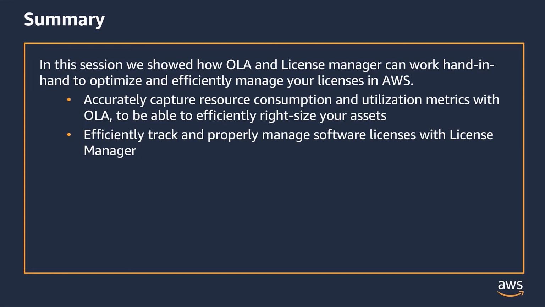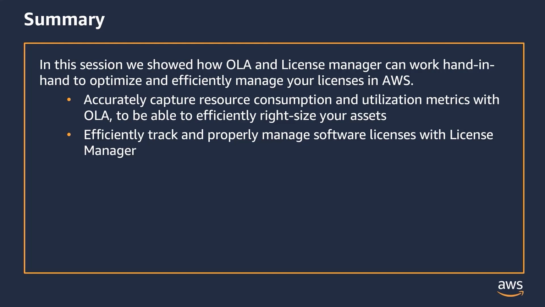In summary, on this part 1 of this series where we're talking about license optimization, we looked at 2 useful tools and programs, namely OLA, the Optimization and Licensing Assessment Program, as well as AWS License Manager, to help customers, in this case Acme Financial Data Services, properly right-size both assets and licenses as they are moved over here in AWS.